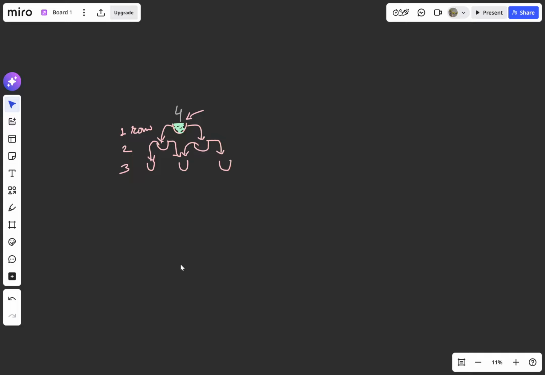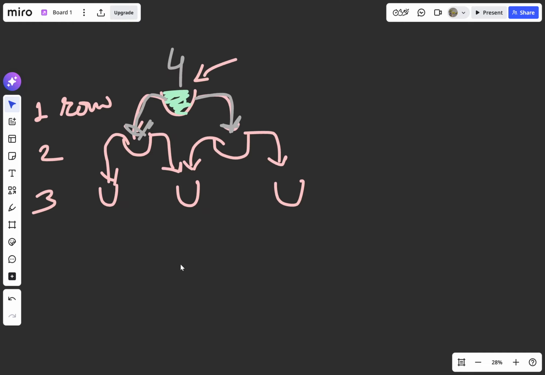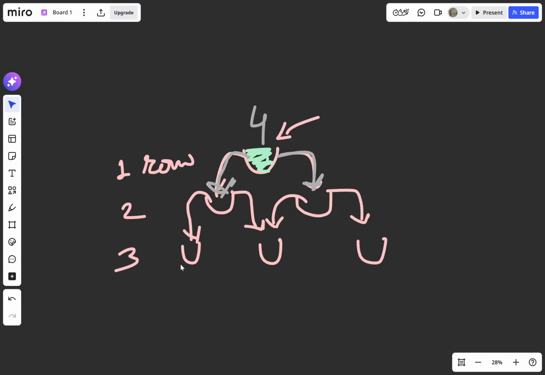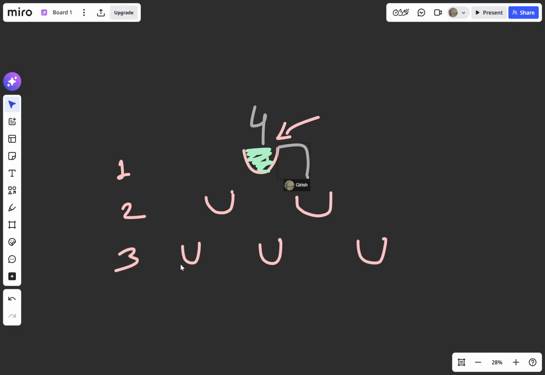After that, what will be the amount of champagne that exceeds here? Let's zoom in. I will first erase this one and this one. Now, what will be the amount of champagne inserted into this and this?